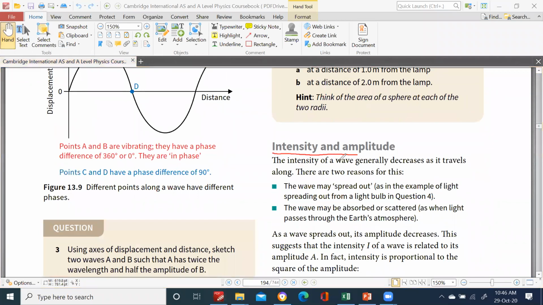What is the meaning of the word intensity? How do you understand it, intensity? Intense.